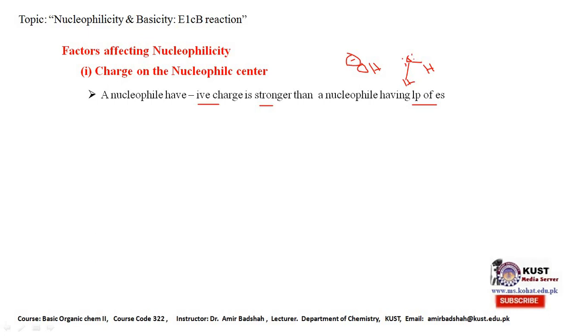So a nucleophile with a negative charge will be a stronger nucleophile than one with a lone pair of electrons, as shown here. This is a strong nucleophile and this is a weak nucleophile, because here oxygen has a negative charge and here oxygen has a lone pair of electrons.